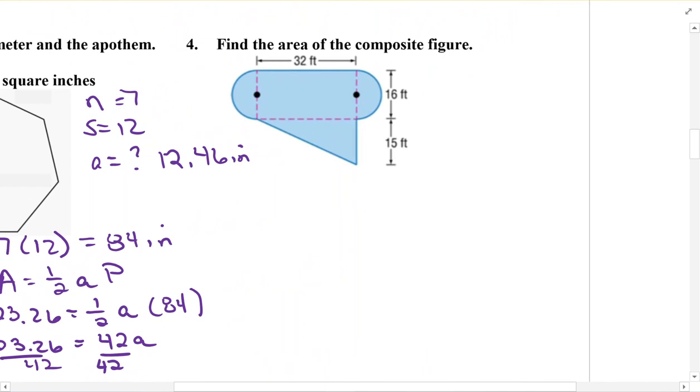To find the area of a composite figure, we're going to look at figures we can form out of parts of it. So if we look at the two ends here, we would have one circle.